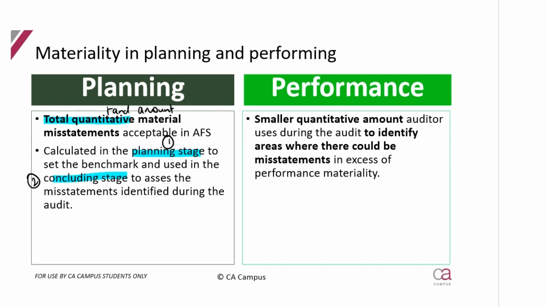Performance materiality is the smaller quantitative amount the auditor uses during the audit to identify areas where there could be misstatements in excess of performance materiality. So guys, when we are performing the audit, the materiality that we are using is performance.